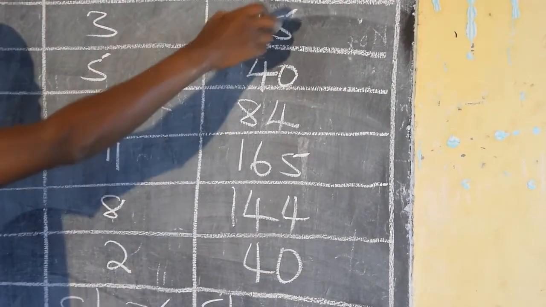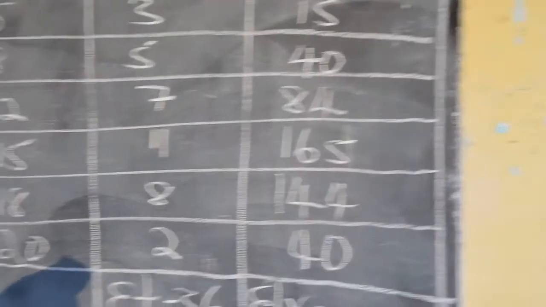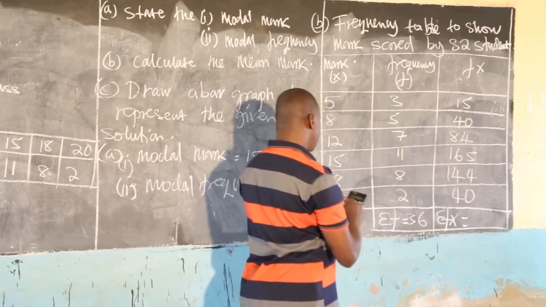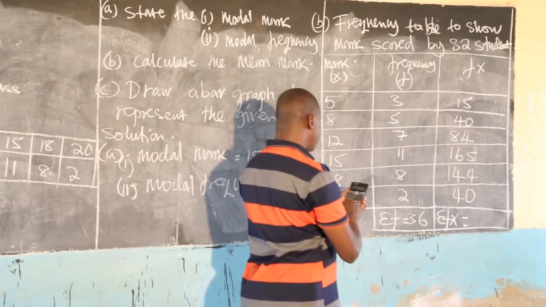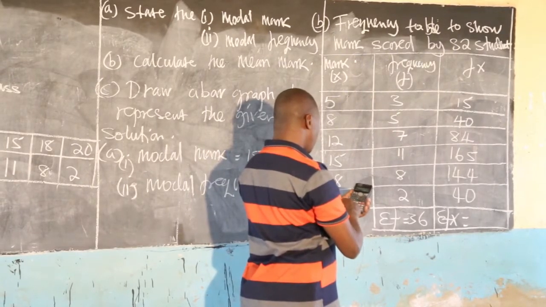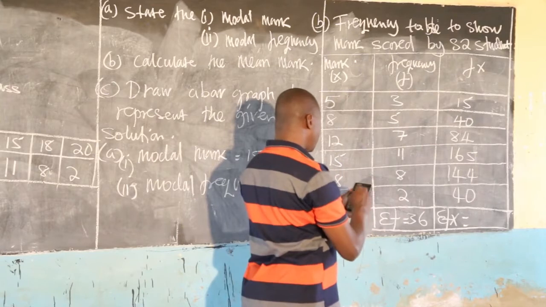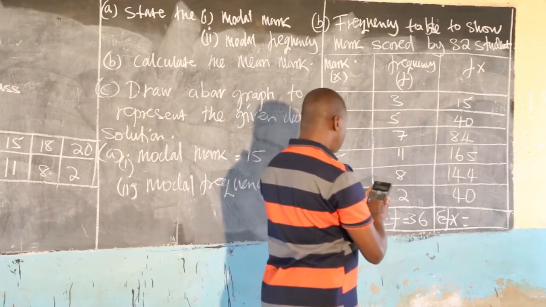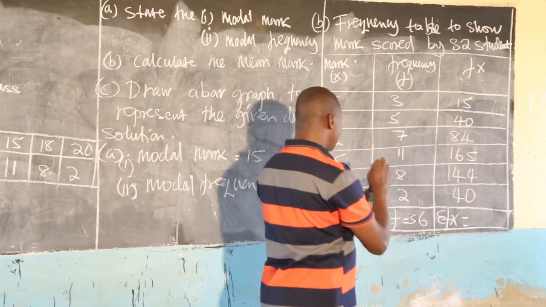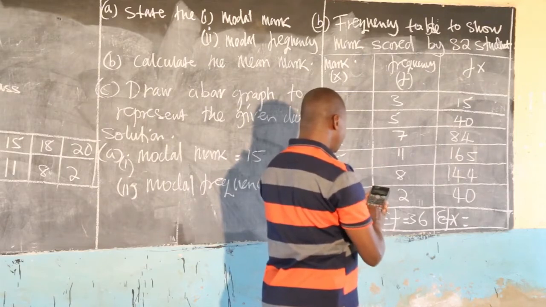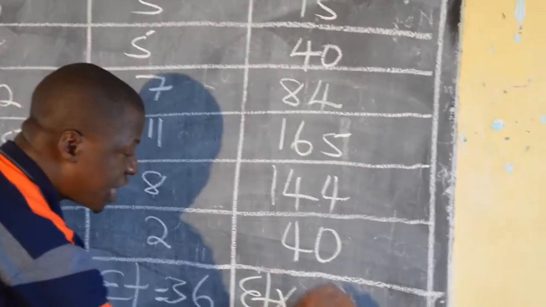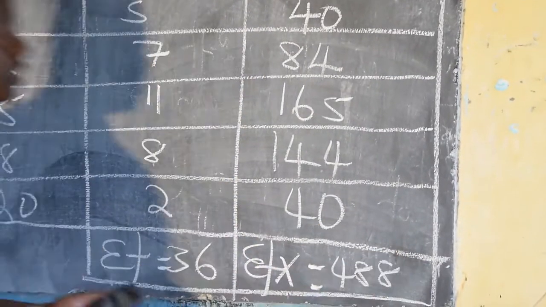Add all these elements. We have 40 plus 144 plus 165 plus 84 plus 40 plus 15. This one gives a total of 488.